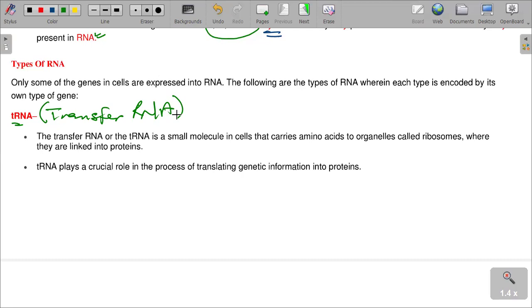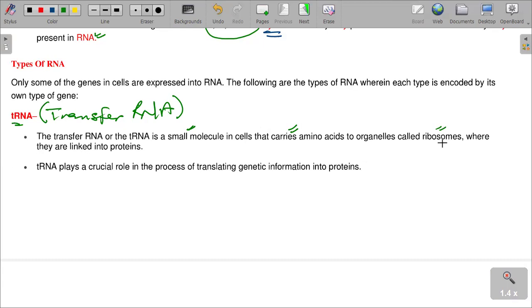So the transfer RNA, which we say is tRNA, is a small molecule in cells that carries amino acids to organelles called the ribosomes, where they are linked into proteins. So tRNA plays a crucial role in the process of translating genetic information into proteins.